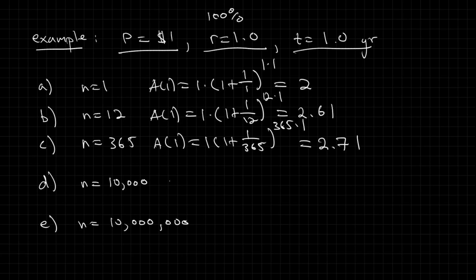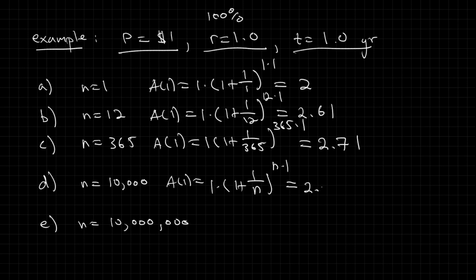All right, now on to the 10,000. So for 10,000, A of 1 is going to be 1 times 1 plus 1 over, I hope you'll forgive me, I'm just going to put n here, where n is 10,000. So we're doing 1 plus 1 over 10,000 to the 10,000 power. And I will round to a higher decimal point here.